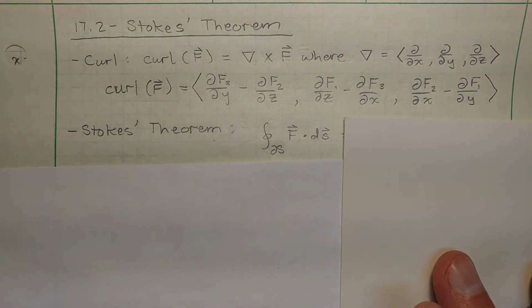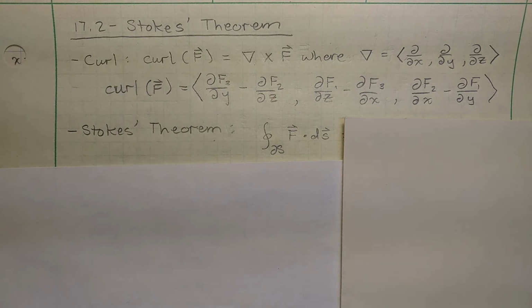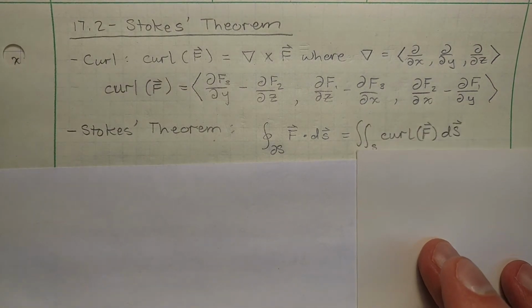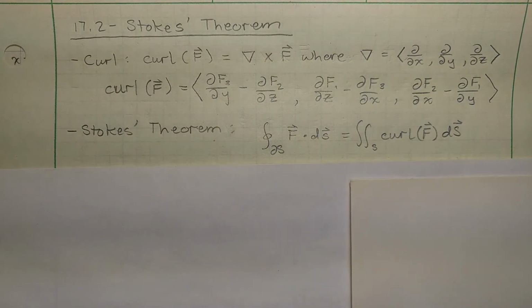When we have a closed curve, the integral over this closed curve of the vector field F dot ds is going to be equal to the double integral of the curl of the vector field F dot dS, where this is actually our surface.